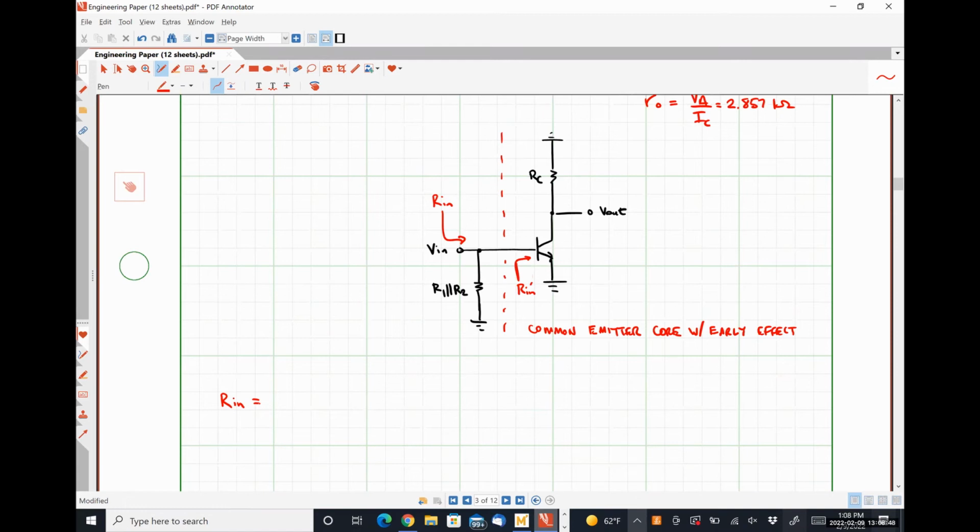So our input resistance should literally just be R1 in parallel with R2 in parallel with r pi. Plug these numbers into our calculator. We see that we get an input resistance of 632.943 ohms.